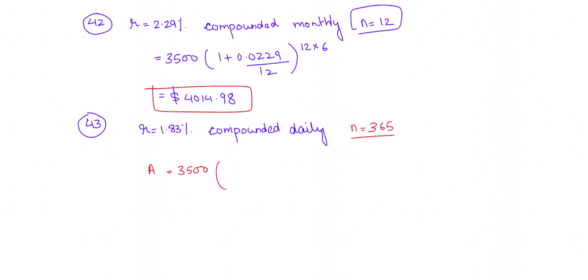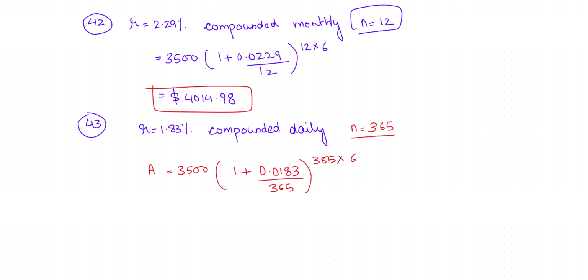It is a lower rate but compounded daily. We'll see whether we get more amount. Again we put it in decimal, n is 365, and years is still 6.